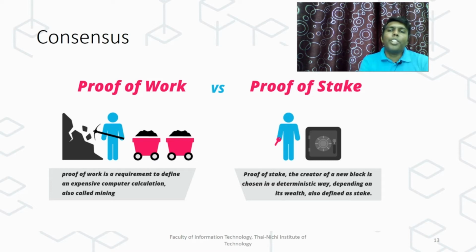So proof of work and proof of stake: in our network, some people will be mining bitcoins, or some will be having a lot of bitcoins. So proof of work is for those who mine bitcoins, and proof of stake is for those who own a lot of bitcoins. When we see proof of work, these guys don't actually go and buy bitcoins.